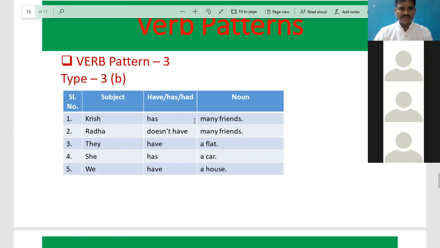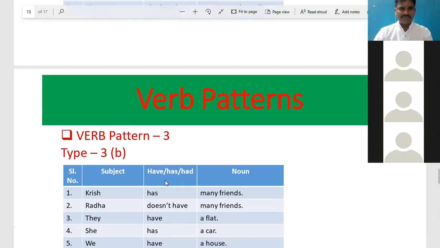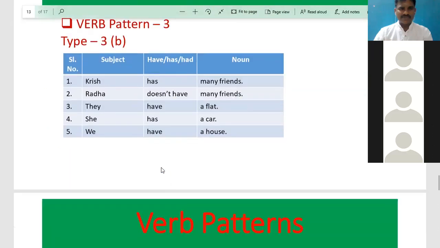Say some examples in this pattern. Nandini, say one example. We have a TV.